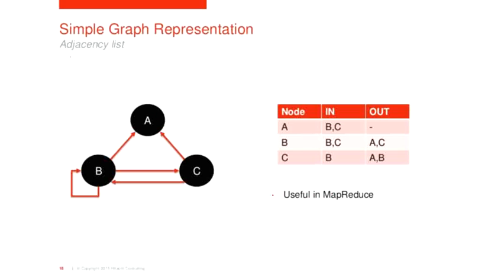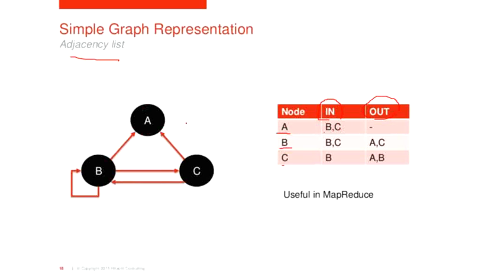And just as we had the adjacency matrix, we can also have an adjacency list. What's the difference? Simply put, we list the nodes A, B, C, and one column represents all of the incoming edges and the other column represents all of the outgoing edges.